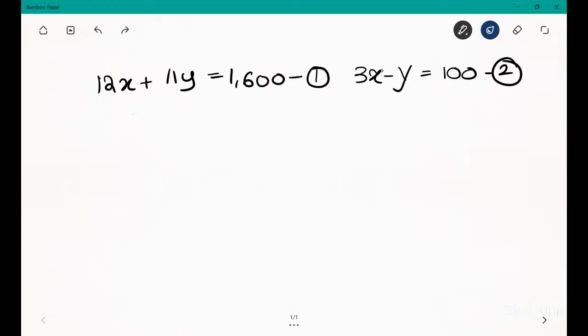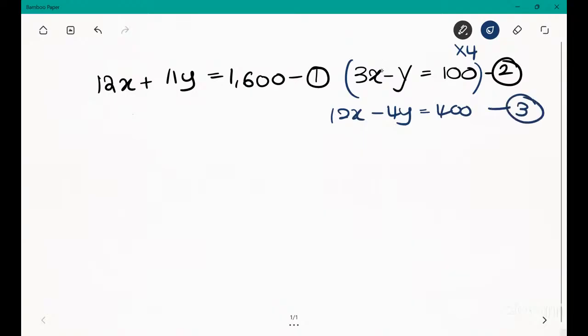So if I multiply this entire equation by 4, I will get the coefficient of x as the same. So 3x into 4 is 12x, minus y into 4 is 4y, is equal to 400. So this I will mark as my third equation.